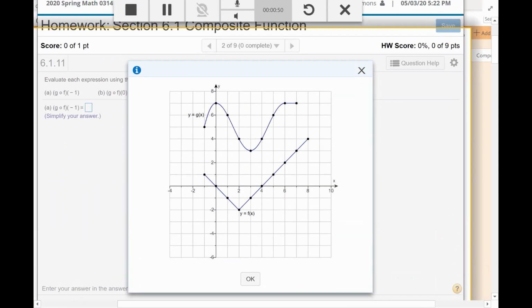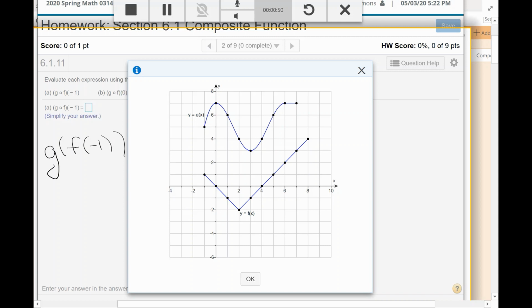Okay, so on this graph, the first thing they want you to do is find g of f of -1. So let me write that down with my handwriting. So g of f of -1.